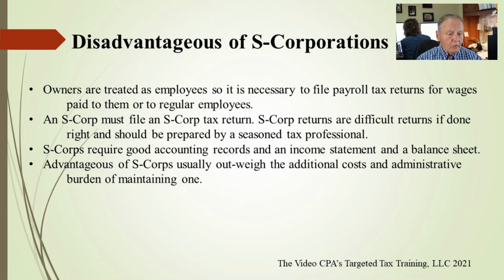If you're the only employee of that corporation, you're still going to have to file payroll tax reports on a quarterly basis, and at the end of the year, a Form 941 and a Form 940, which report your payroll taxes for the year. So there is an additional administrative burden with having an S-Corp.